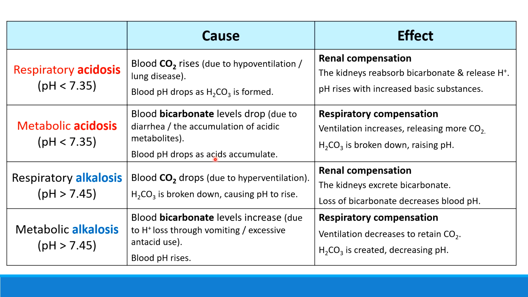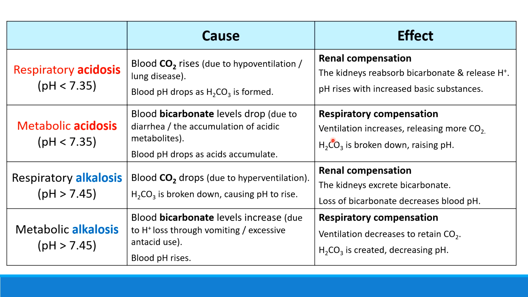The more acids I have in the body, the more my pH is going to drop. So I see a low pH, but instead of carbon dioxide, I've got issues with bicarbonate. That tells me it's metabolic acidosis. The other thing I'm going to see, though, in a patient with metabolic acidosis is the respiratory compensation. The respiratory system is going to try to fix this problem with bicarbonate, but the only way it can fix things is using ventilation.